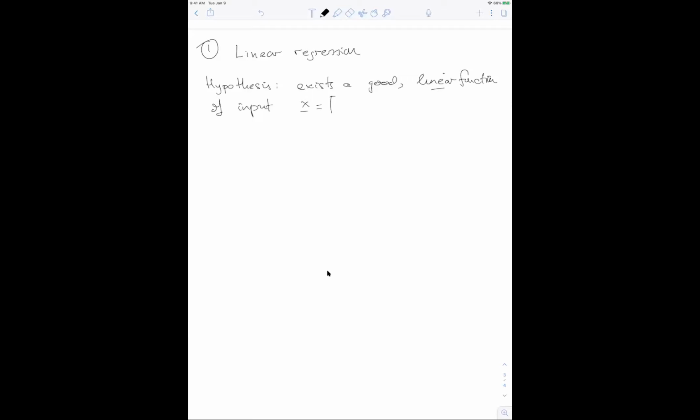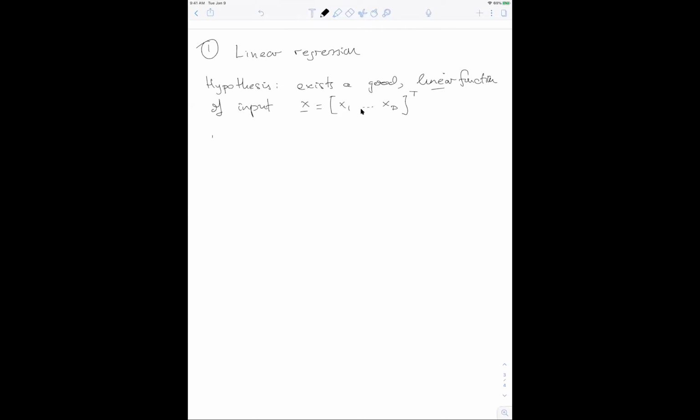Now remember, our input is always a column vector, but if I want, I can write it as a row vector as long as I write the transpose above it. That's the feature vector, that's the input, that's what we're making the prediction on the basis of.